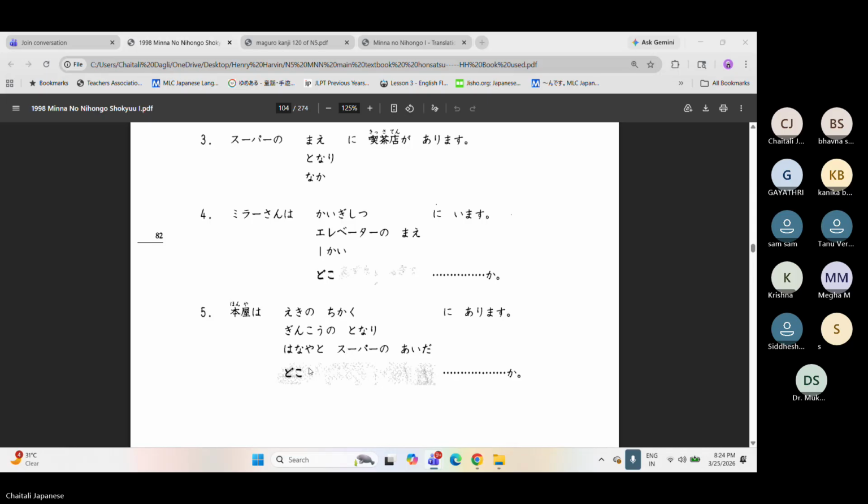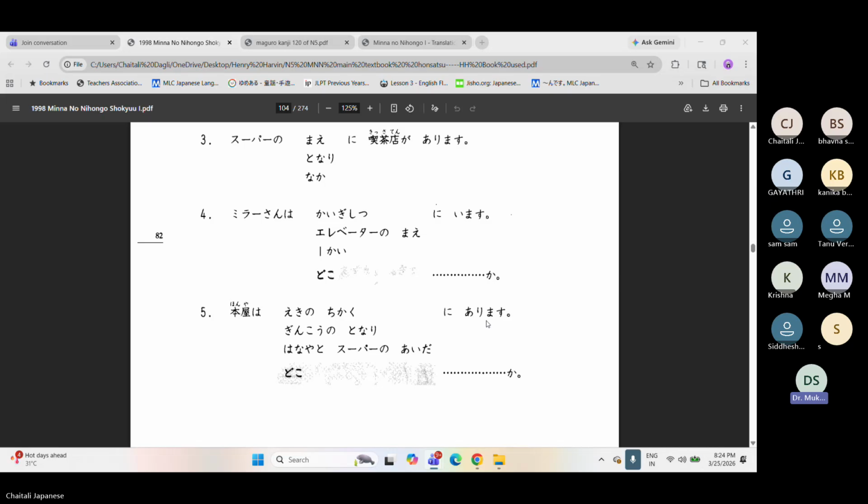Okay. Honya wa eki no chikaku ni arimasu. Yes, Mukul-san. Ma'am, Dare is for who and Doko is for where, right? Yeah, Doko is where. And Dare is who.